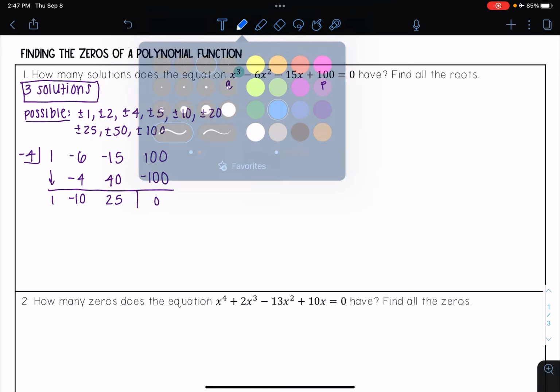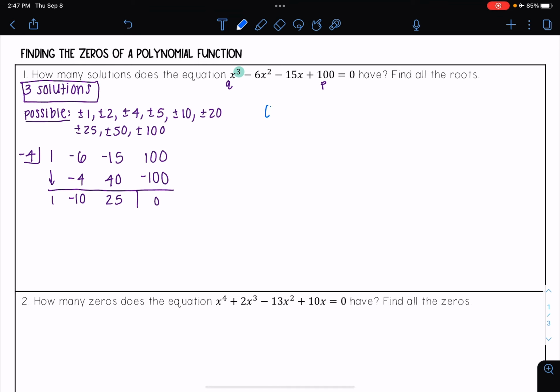So that means I have x plus 4, since -4 ended up giving me a 0 remainder. And then writing 1, negative 10, 25 as my polynomial, that's going to be x squared minus 10x plus 25 is equal to 0. Now I need to factor this x squared minus 10x plus 25.